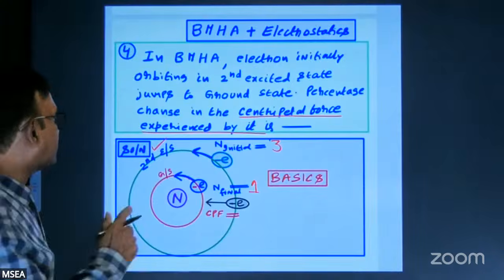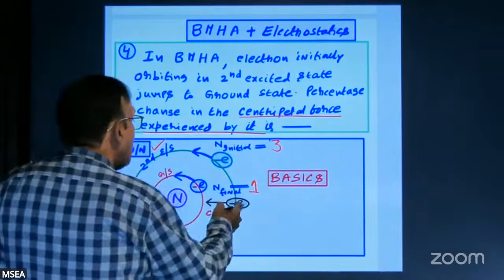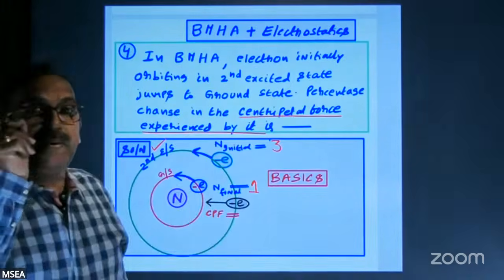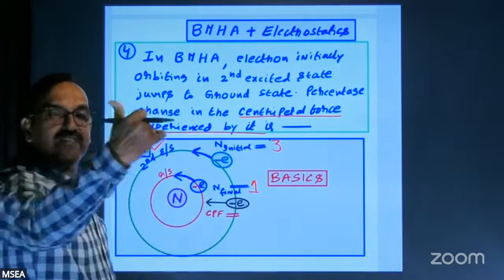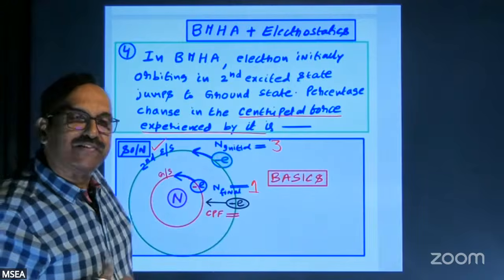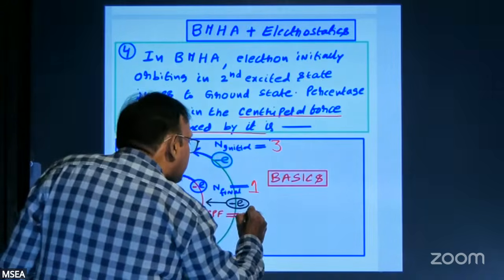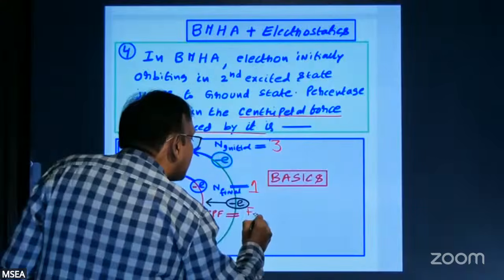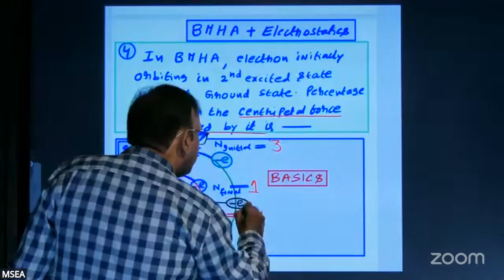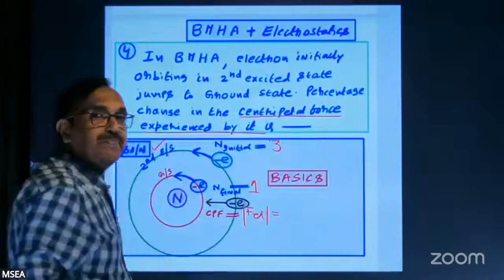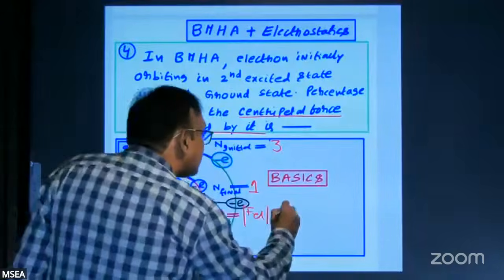The basic concept in this question is what we were already discussing at the beginning of the class. For any electron to perform circular motion, it requires a centripetal force directed towards the center, and that centripetal force is nothing but the electrical force experienced by it. What is the formula for the electrical force?